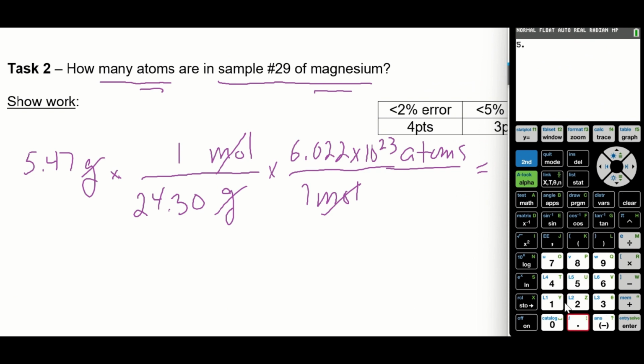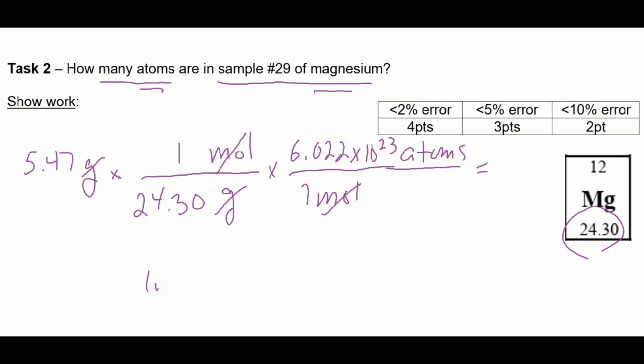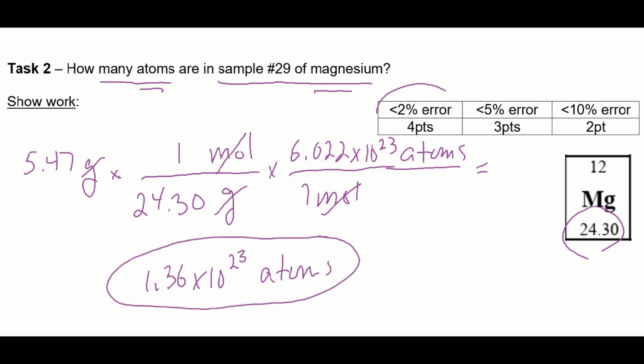So here I go, 5.47 divided by numbers on the denominators, 24.3 times 6.022 times 10 to the 23rd, and 1.36 times 10 to the 23rd. 1.36 times 10 to the 23rd atoms is what was in my sample of magnesium. And if that was within 2% error, then I got myself 4 points.